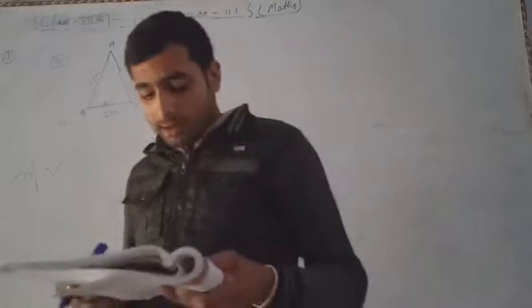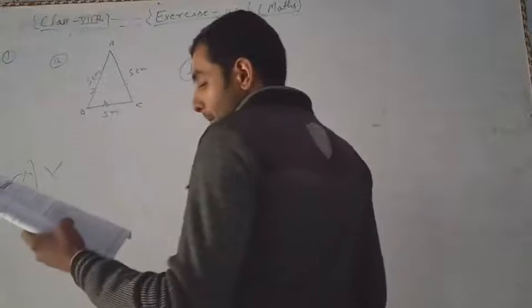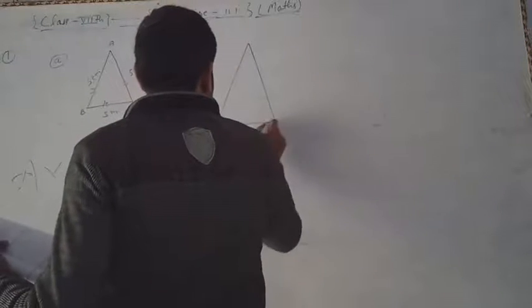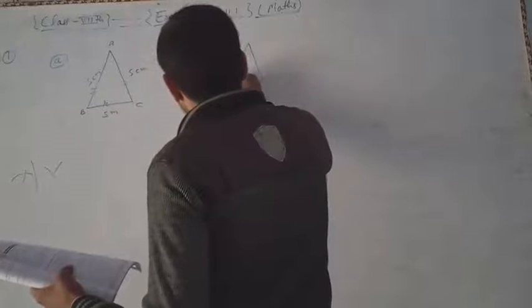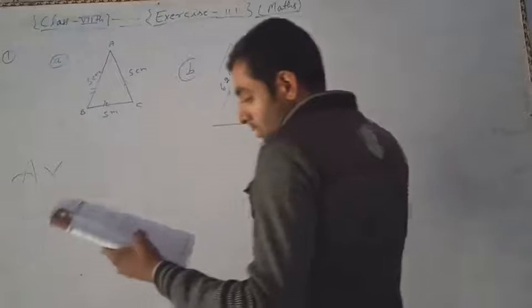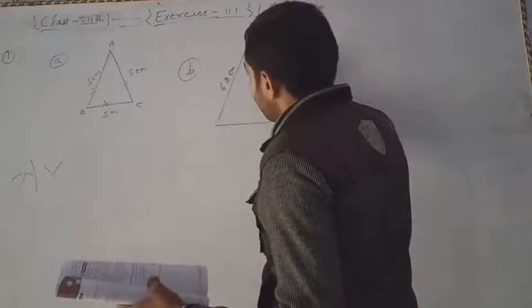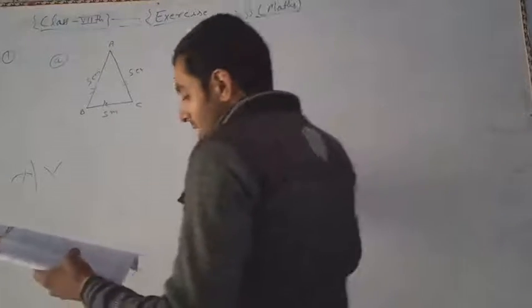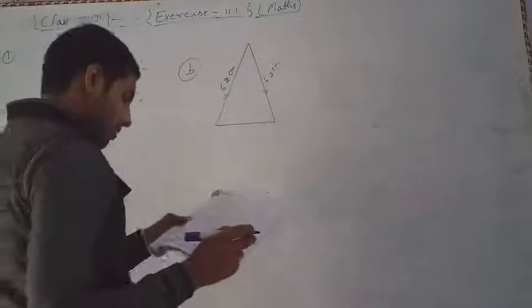And again we have to analyze another triangle. Here a figure is given in which this side of the triangle is about 6.2 centimeters and this is also 6.2 centimeters. This side is equal to this side, and this side is not equal to these two sides. This side is different in this triangle.